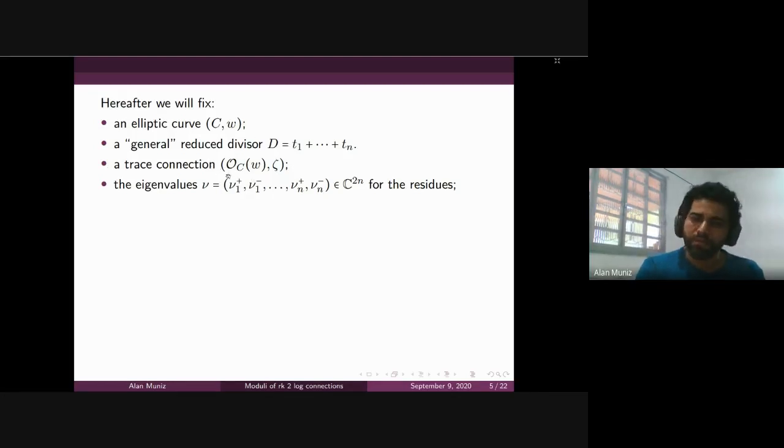Here we are going to fix a line bundle and a connection on this line bundle.